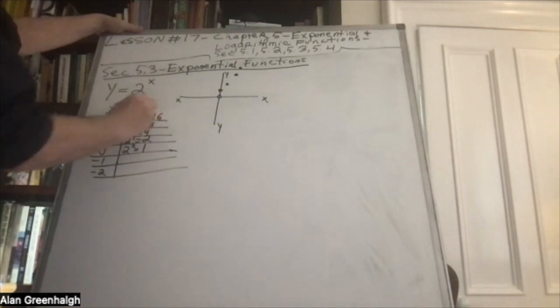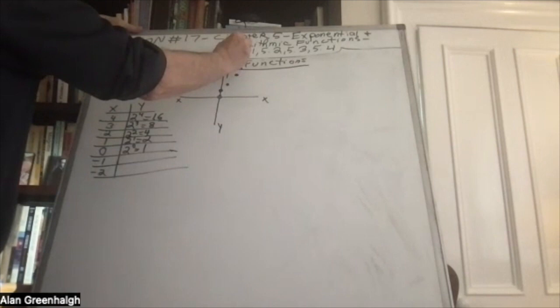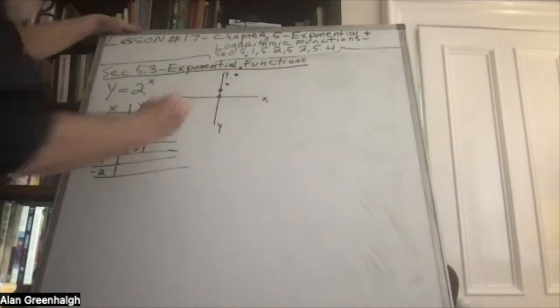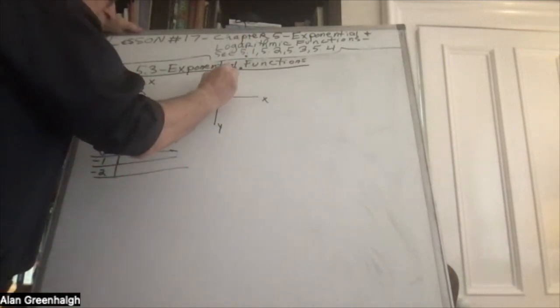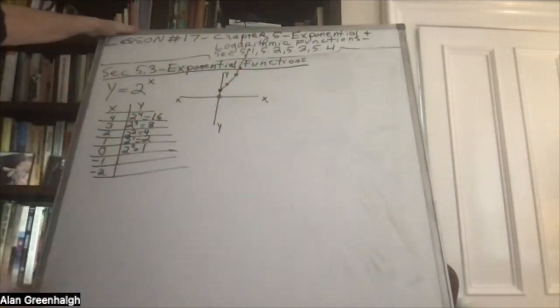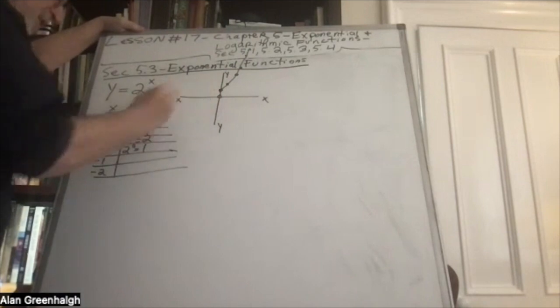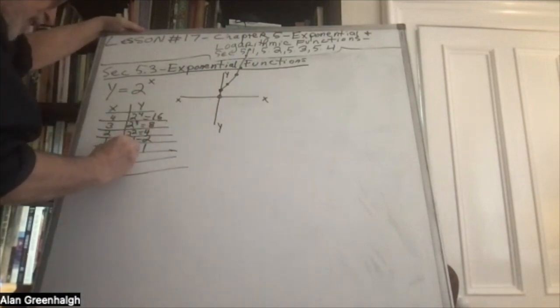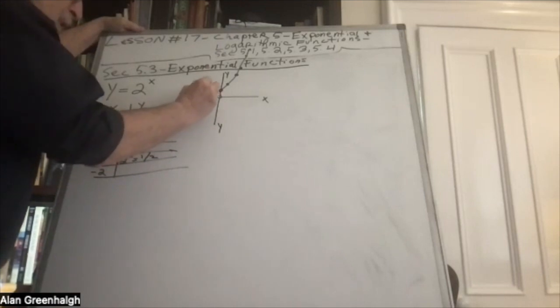That's what very often happens in these situations. All right, so obviously, at least this part of the graph shoots up very quickly. What happens on the other side? X is -1. 2 to the -1 is a half. So if this is 1, this is where a half is going to be.